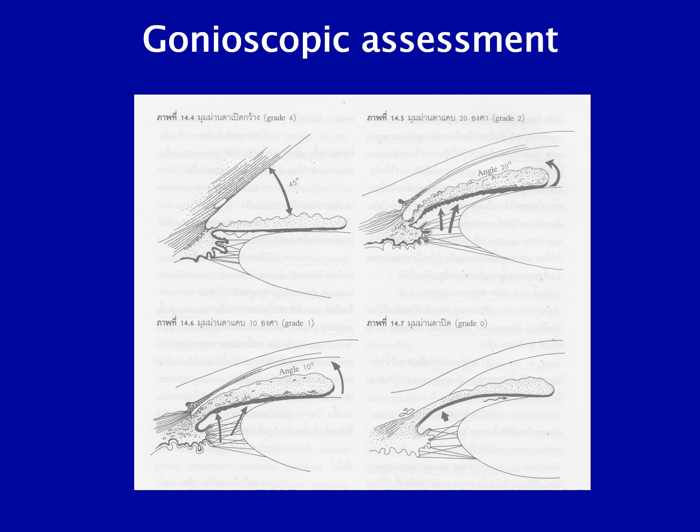And in the grade 1 angle, you can only visualize the Schwalbe line, and the Schwalbe line is the end of the Descemet's membrane. In the right lower picture, that is the grade 0 angle, total iridocorneal contact is there, and nothing is visible by the gonioscope.